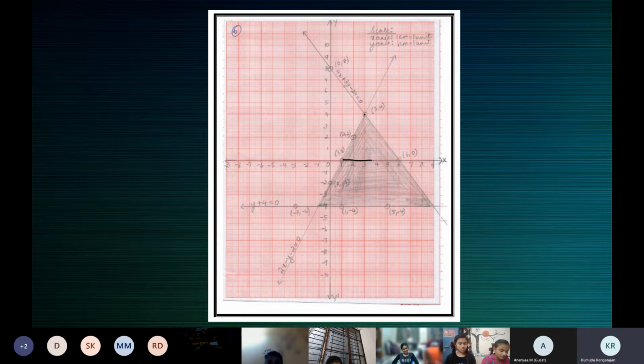Because this side is not a segment of any of the three lines. This is a different line, which is the x-axis, y is equal to 0.